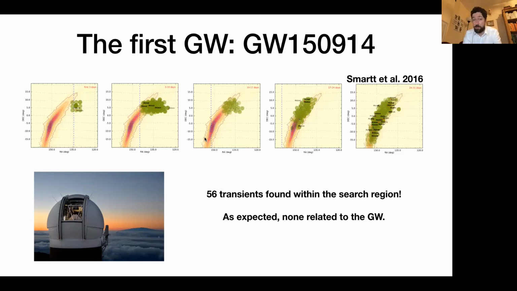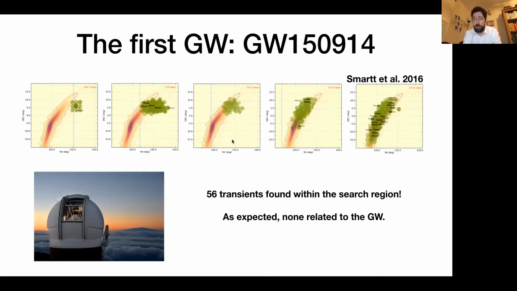So the fact that nothing was found is to be expected. But this was still worth doing as an exercise to learn how to follow up these gravitational waves and how to search for counterparts, because there are other cases, gravitational waves coming from the merger of neutron stars, for example, where we do expect to see visible light.